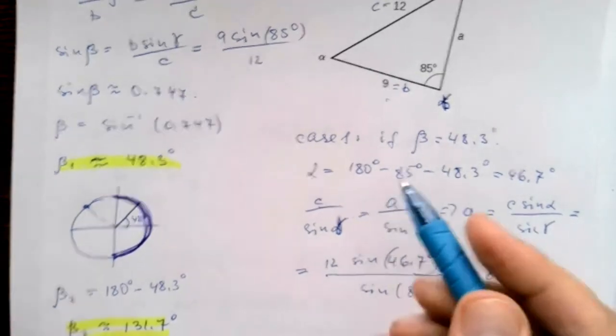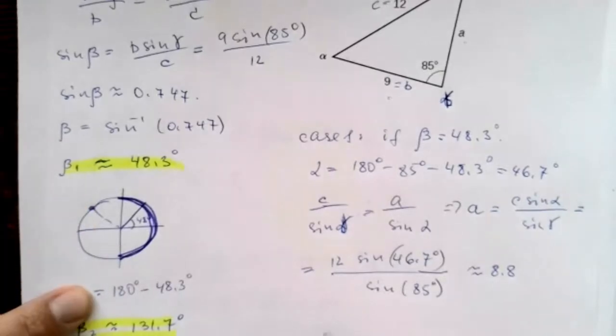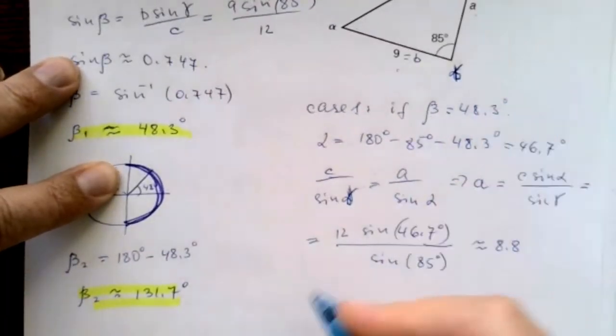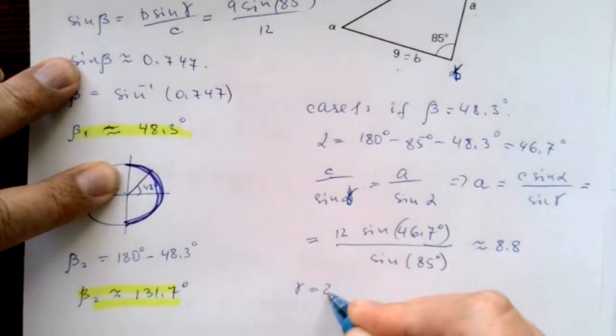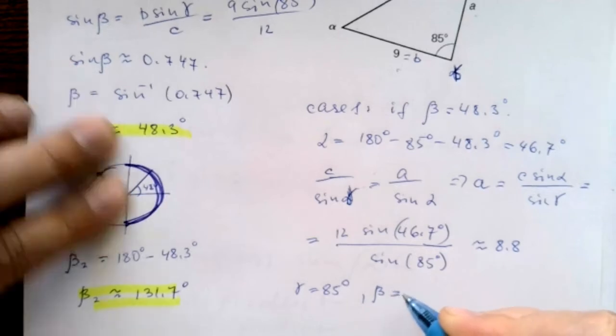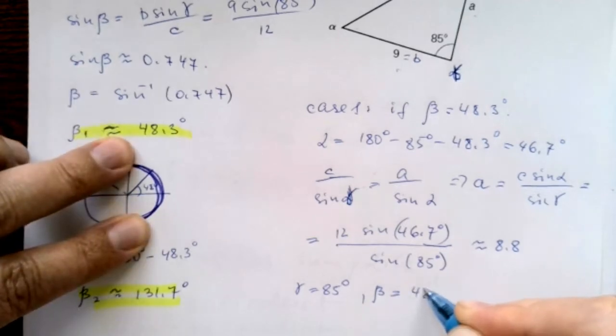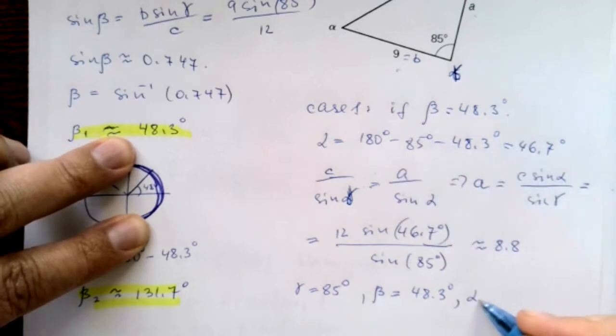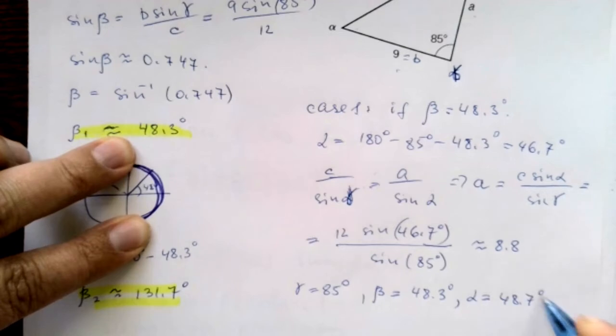Okay, so case one. Let's list all of the angles. So we have gamma is 85 degrees, beta is 48.3 degrees, and then angle alpha is 46.7 degrees.